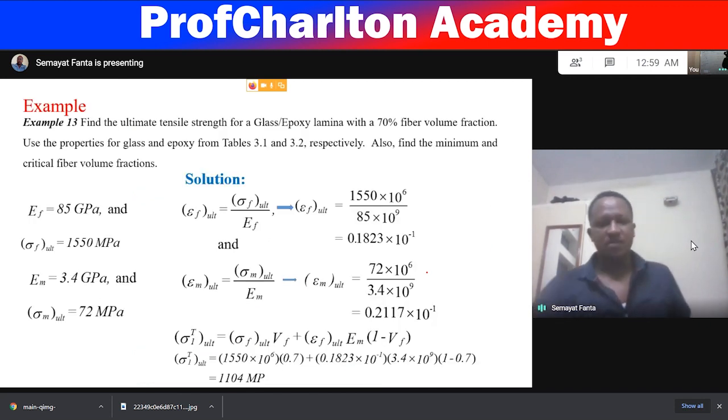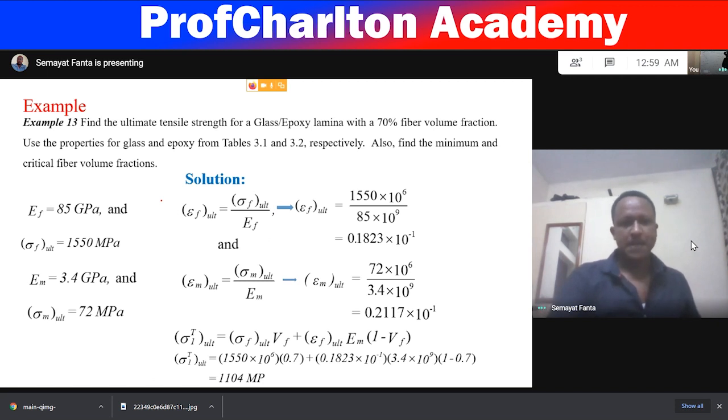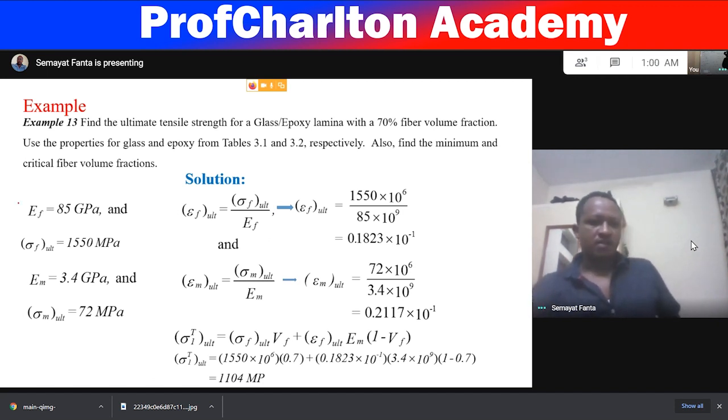So this example also illustrates how these strain parameters, in terms of stress and strain, are found based on this approach. The parameters are already given.